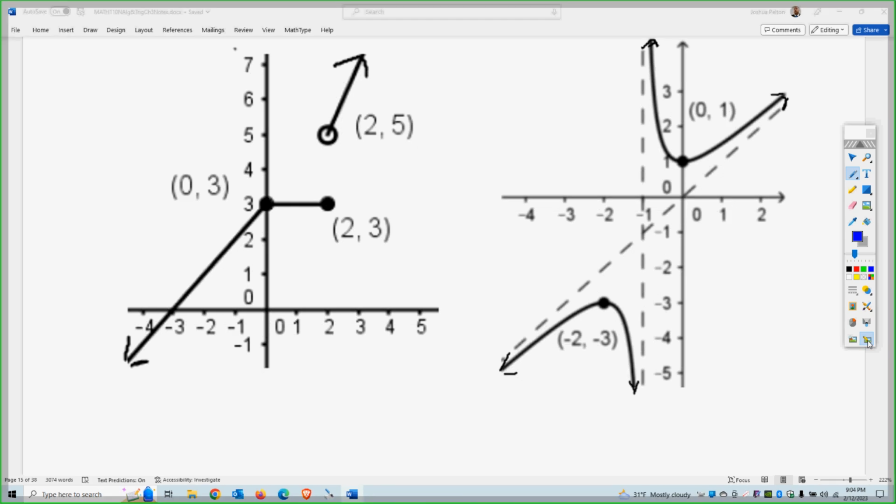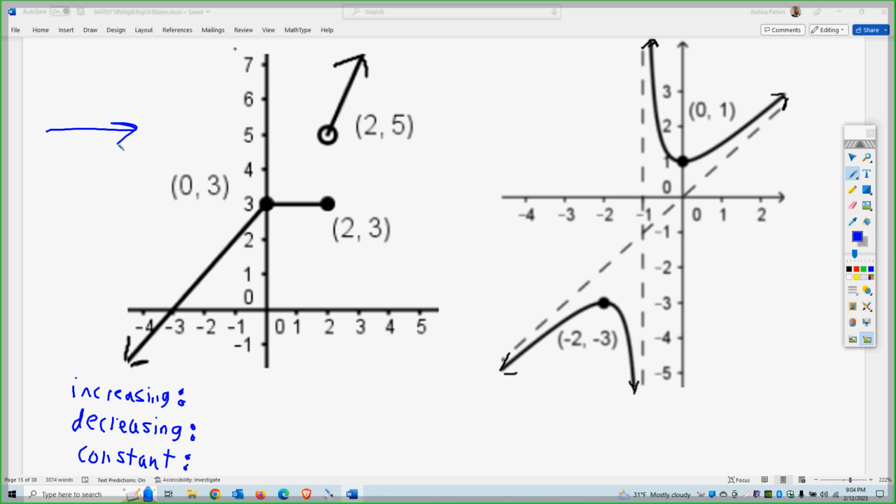Okay, so you don't always have to have all 3 parts necessarily. So we're going to do intervals of increasing, decreasing, and constant. Okay, so again, you read left to right.